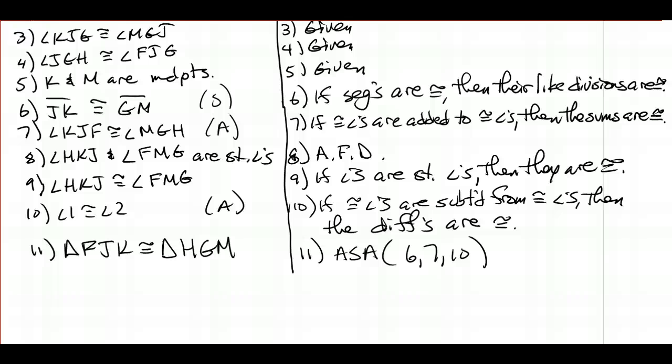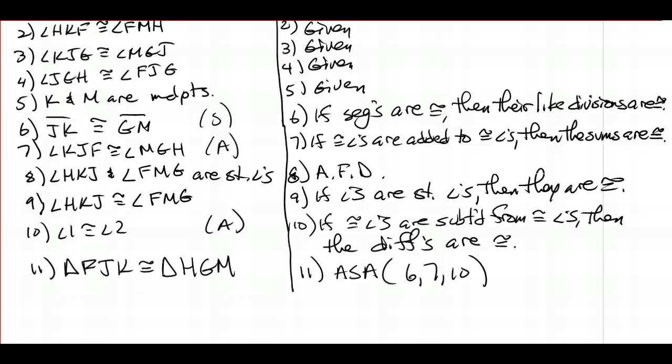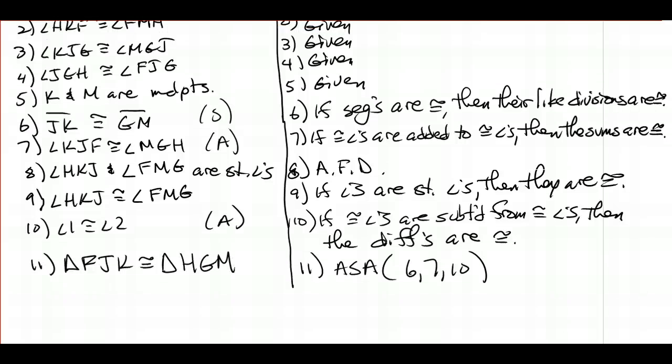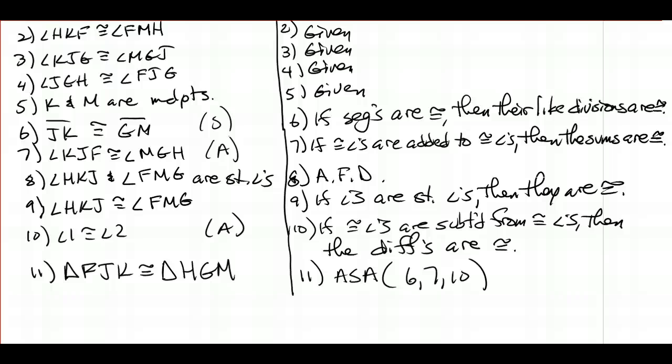And then by subtraction, we're going to get angle 1 congruent to angle 2. If congruent angles are subtracted from congruent angles, then the differences are congruent. And then you notice I have A and S by the appropriate steps, so it made it easy when I went back to figure out the steps to put in my final conclusion.